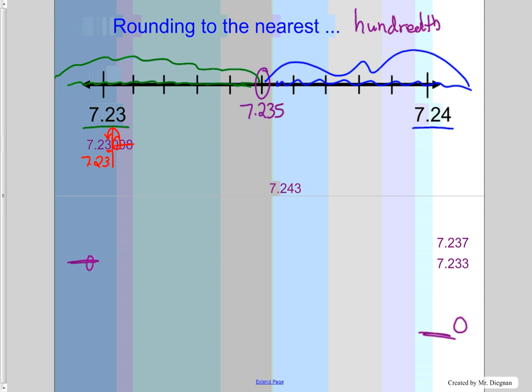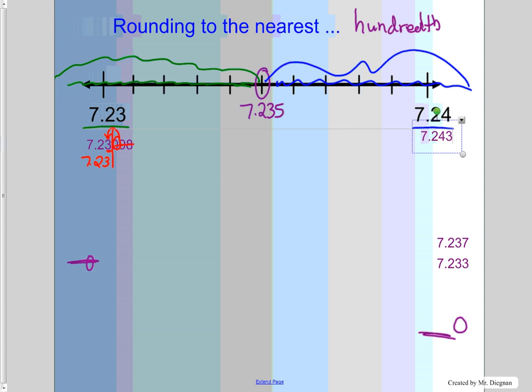Let's try another example. 7 and 243 thousandths. A couple of things I notice about this number is that it's going out to the thousandths place now, and my spaces in between here are also going to the thousandths place. Now 7 and 243 thousandths is clearly bigger here, right? We have 3 hundredths and 4 hundredths.